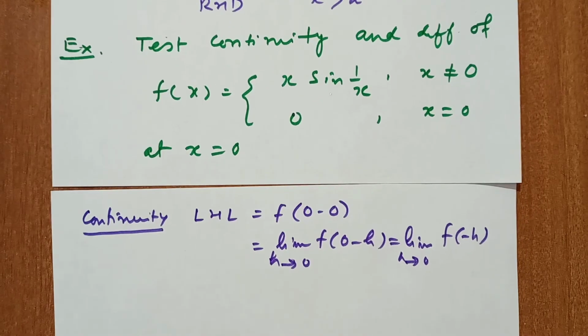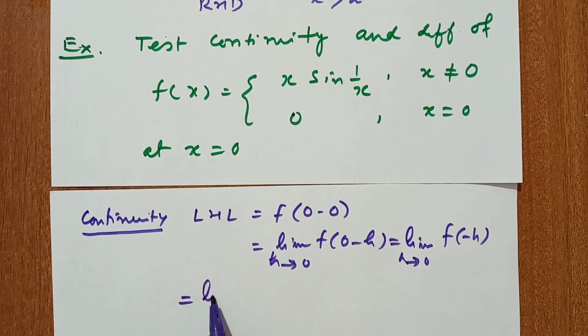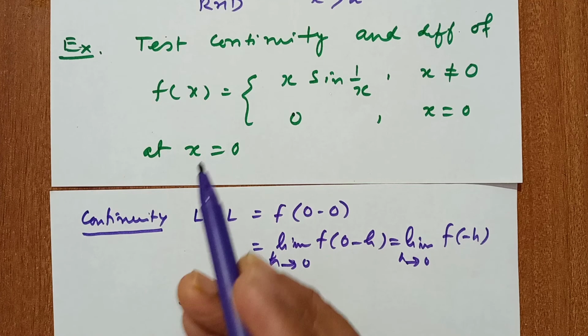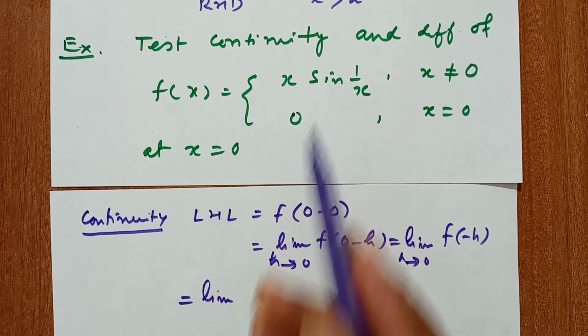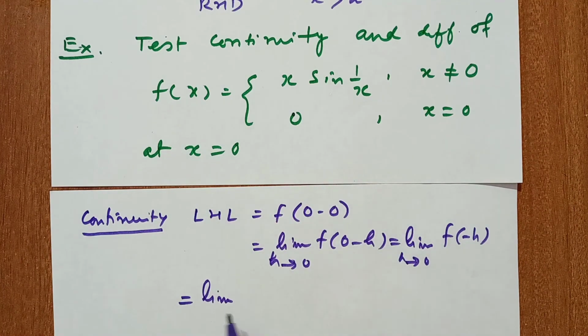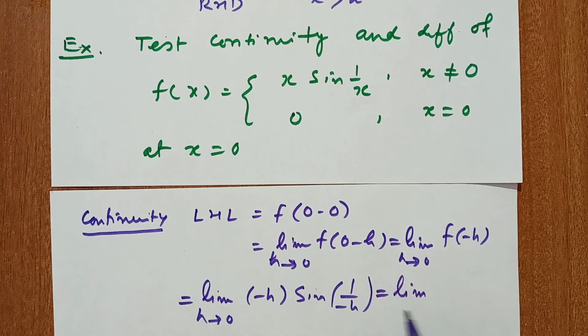So what is f(x)? f(x) is this thing. So f(−h) = −h sin(1/(−h)). Since sin(−θ) = −sin θ, this is minus minus plus. So limit h tends to 0 of h sin(1/h).